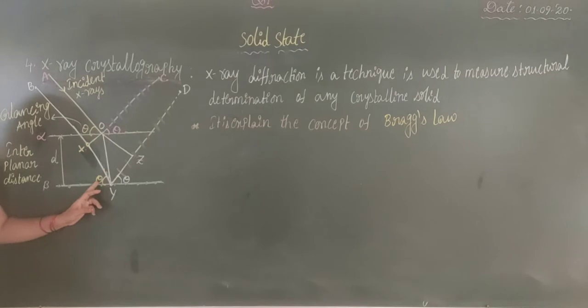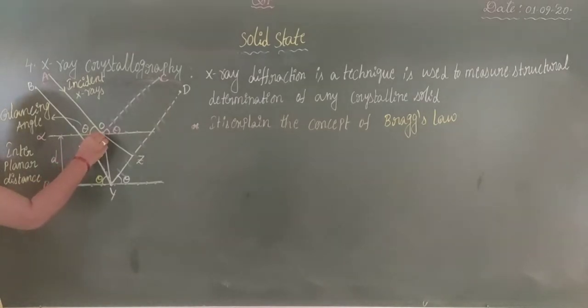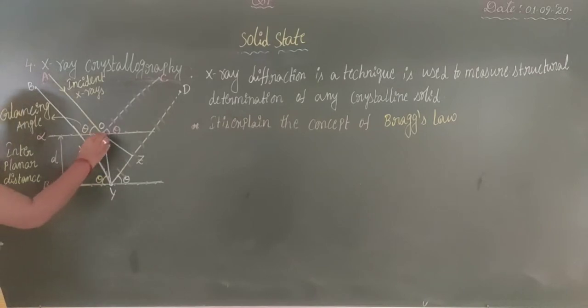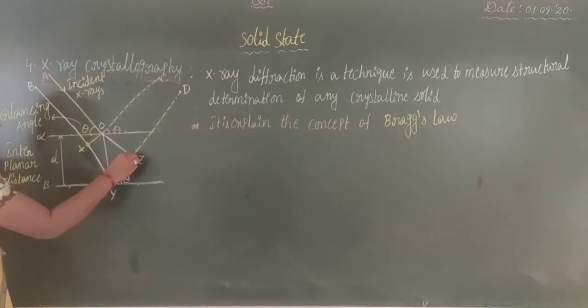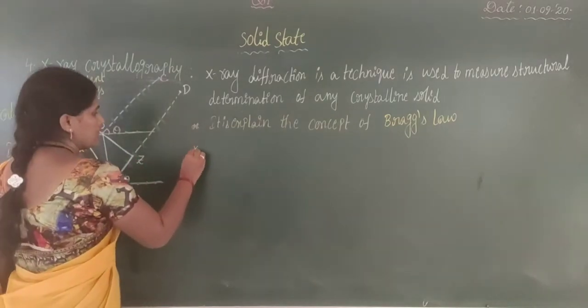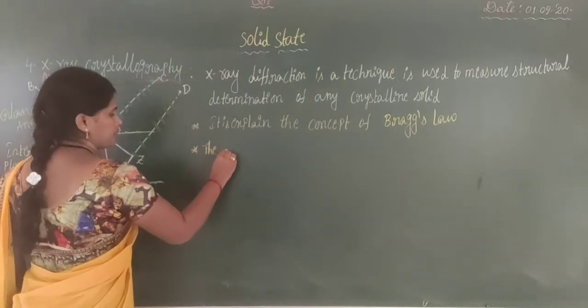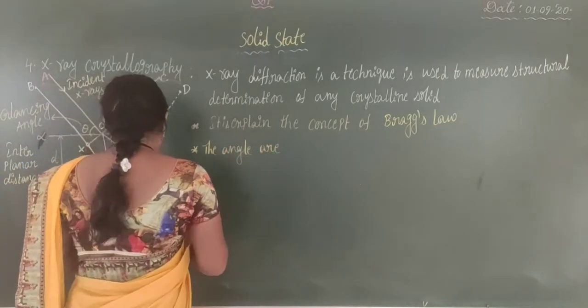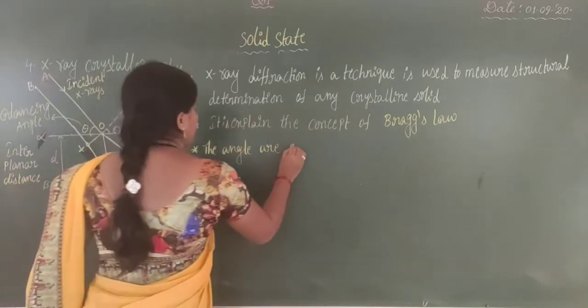The center point of the upper plate is O, and the center point of the lower plate is Y. From that, we can see two types of angles. What are the angles here?